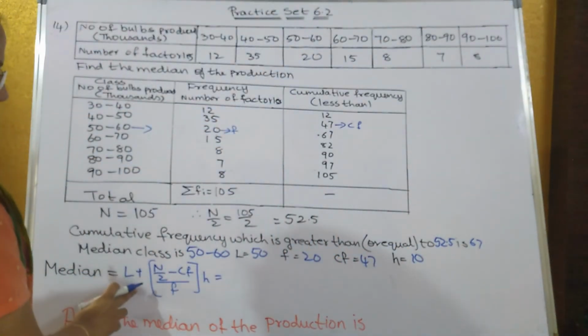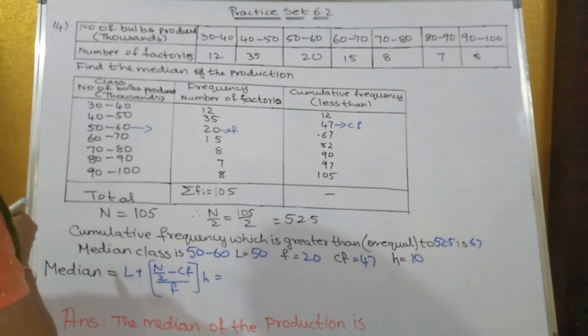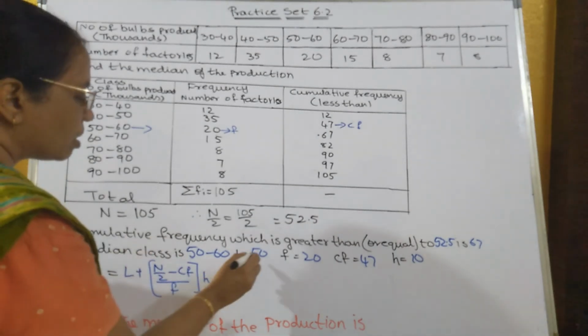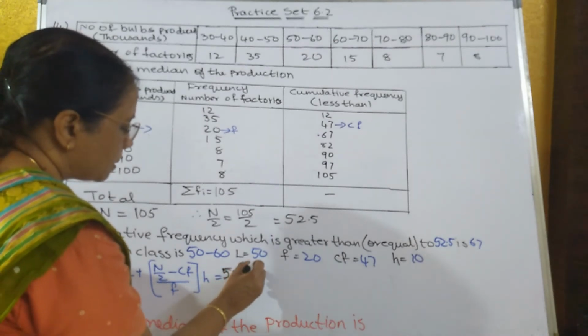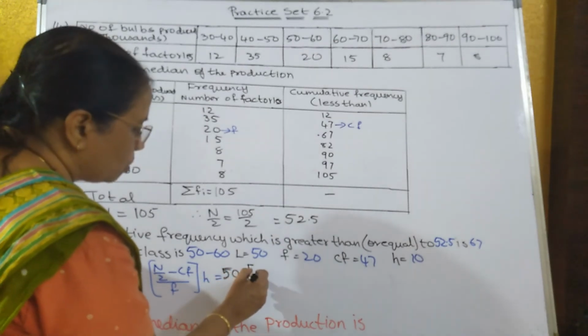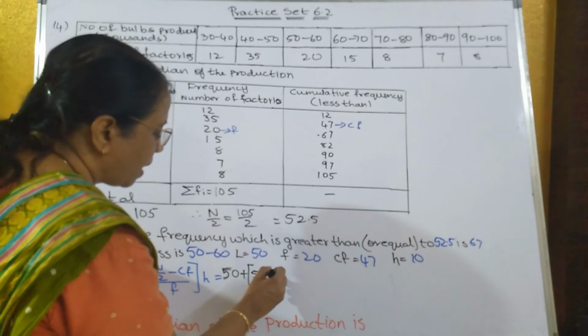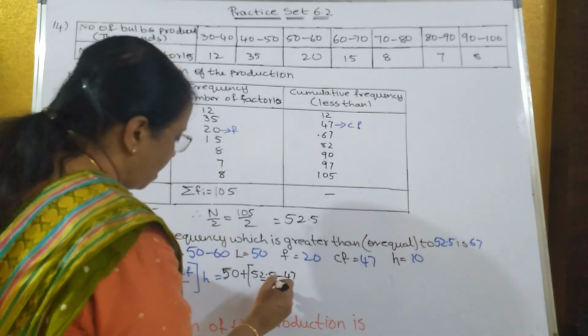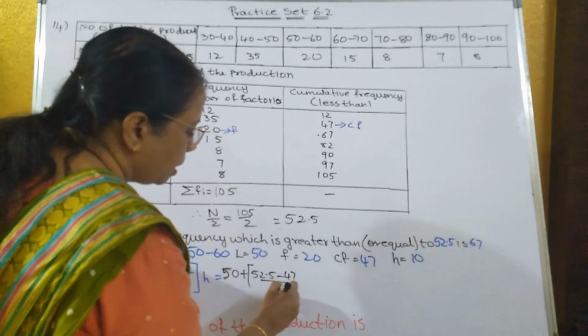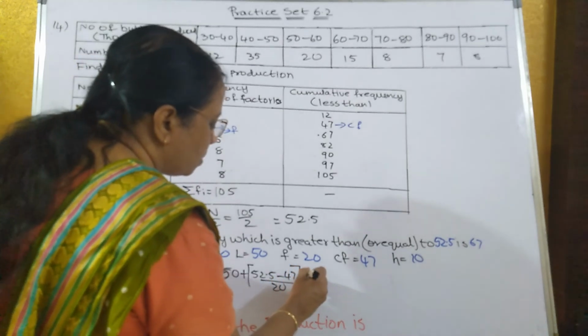So median is equal to L plus n upon 2 minus cumulative frequency upon frequency into h. L is equal to how much? 50 plus n upon 2 is how much? 52.5 minus 47 upon f is equal to how much? 20 into h is equal to how much? 10.